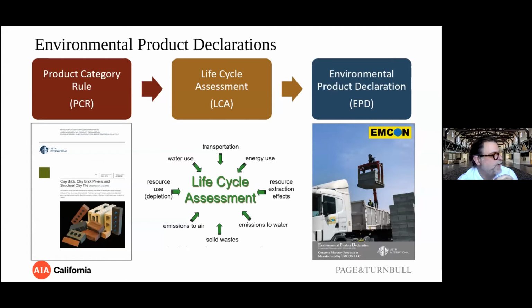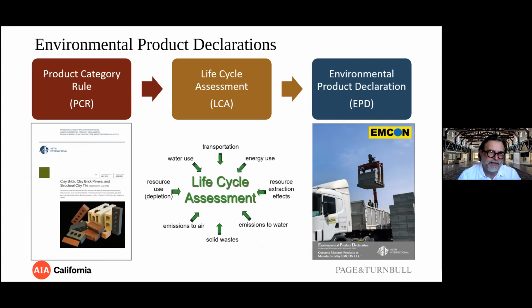So it's really about this process where we have product category rules, which are the rules of the road for doing life cycle assessment for a very wide variety of materials. This particular process has third-party verification, but you set up the rules, you do your assessments, and then you publish your data. And the published data is really the environmental product declaration.